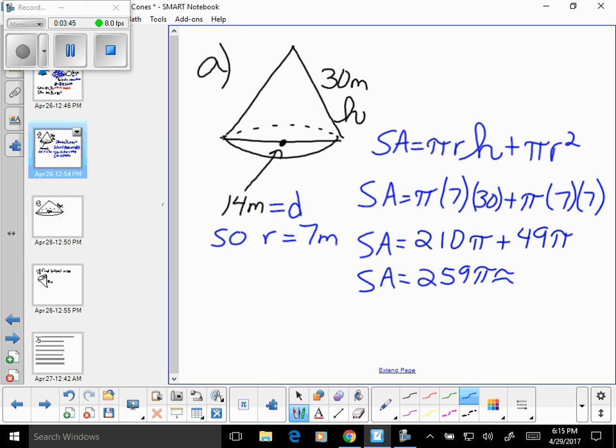Then I will take my calculator and put 259 times the pi key. Notice that we usually will round off to the nearest whole unit. So we're going to get 814 meters squared. Probably should write it up here. Usually that's going to be right in your directions that you're going to go to the nearest unit. That means the ones place.